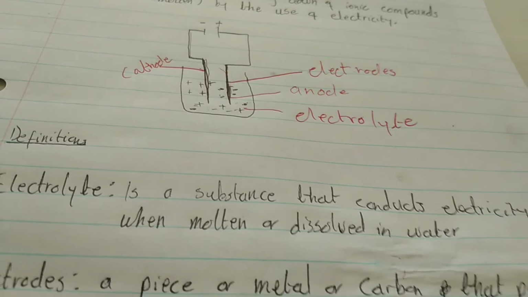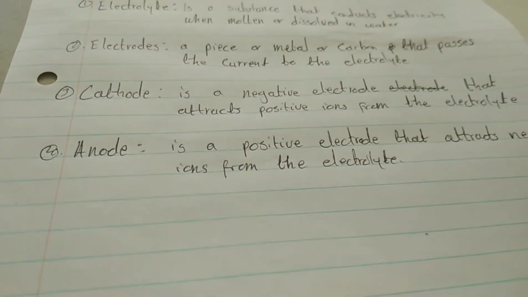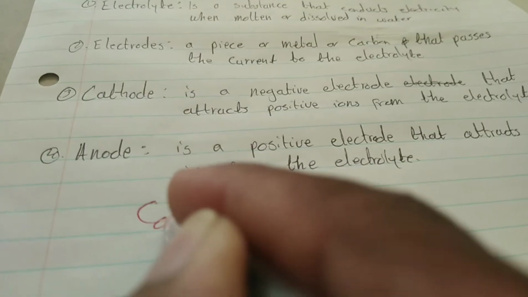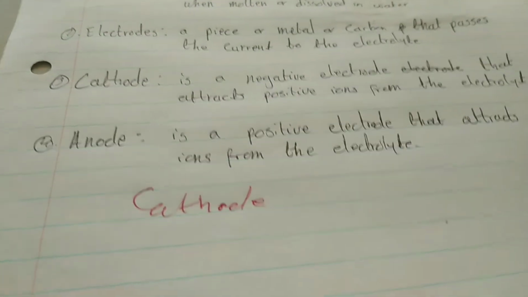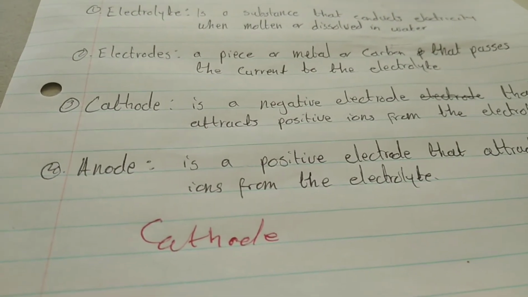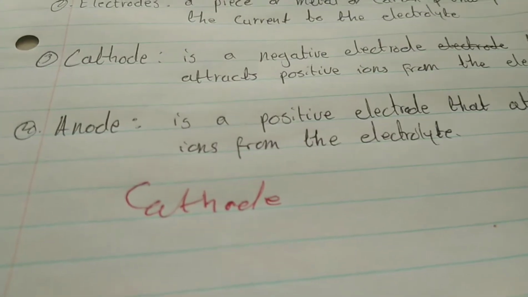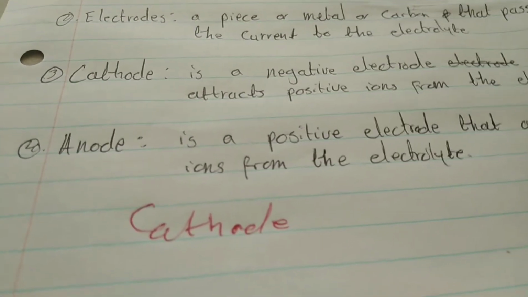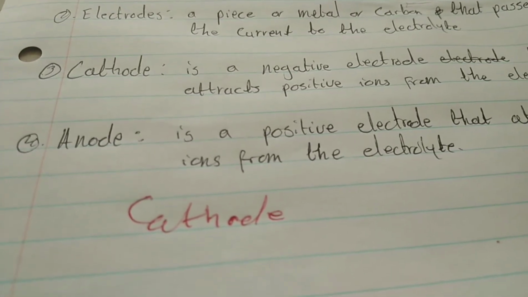So we have the anode and we have the cathode. One thing that you have to understand is that the cathode, which is negatively charged, attracts the positive ions. We know that the atoms that become positively charged are the metals.